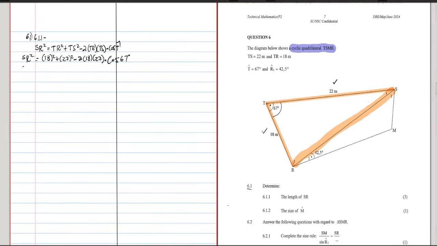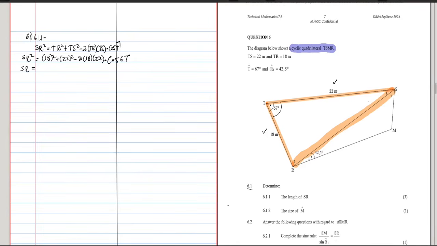And then we're just going to punch this on the calculator. Let me just go straight to finding the answer. I'm going to punch the whole thing, and whatever answer I get, I'm going to take the square root.